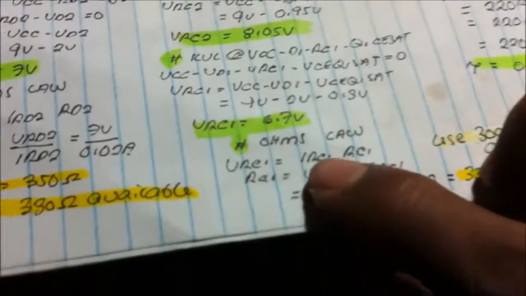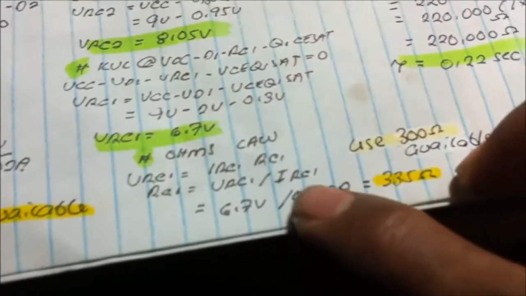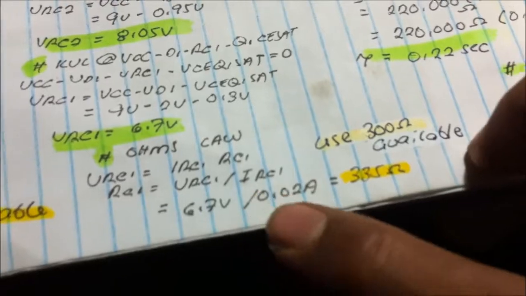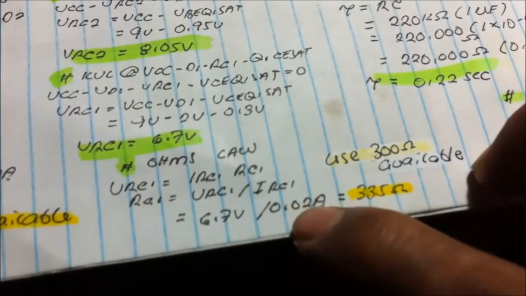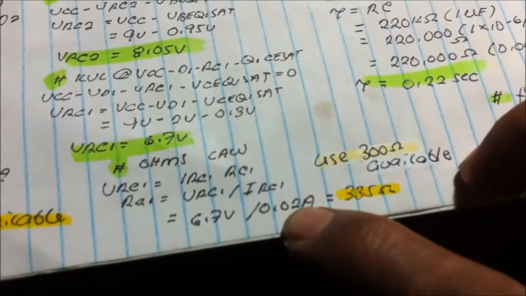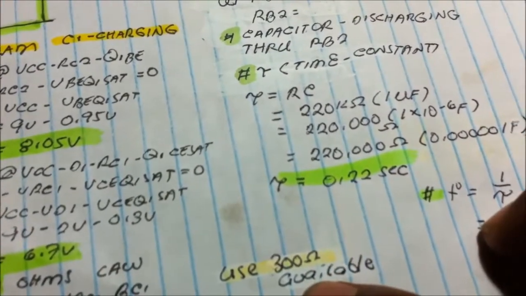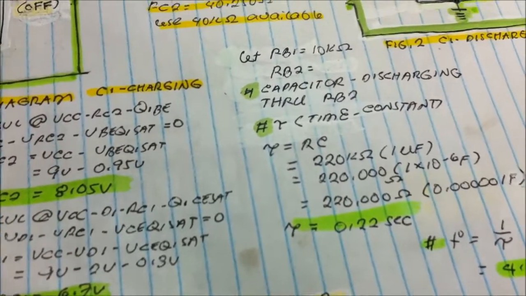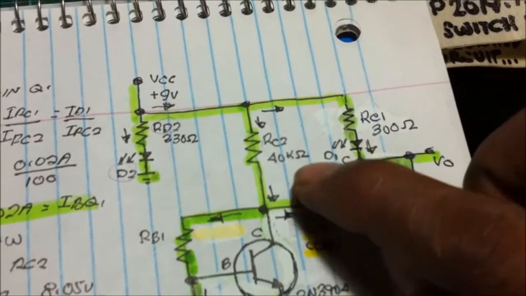So I can now use this Ohm's law. Since we know the voltage at RC1, 6.7 divided by the current of the LED that is given in the datasheet, we get now 300 ohms. I use 300 ohms, my available resistor. So we now know the value here, 300 ohms.